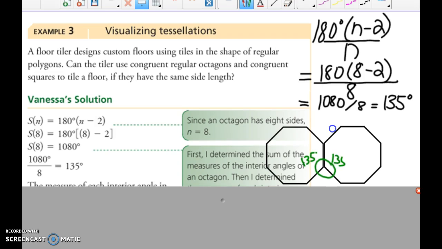This will be 135 degrees, and then we need to find out how much that was. So this completes a whole circle. So if you go 360, subtract 135, subtract 135, you get 90 degrees. So answering the floor tiler's question: can a square fit between the octagons? Yes, because a square is 90 degrees, so it will fit perfectly between those two.